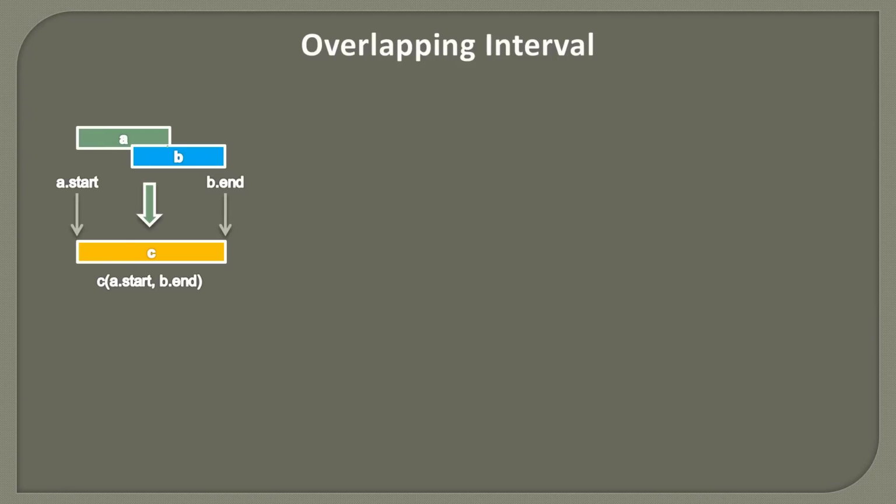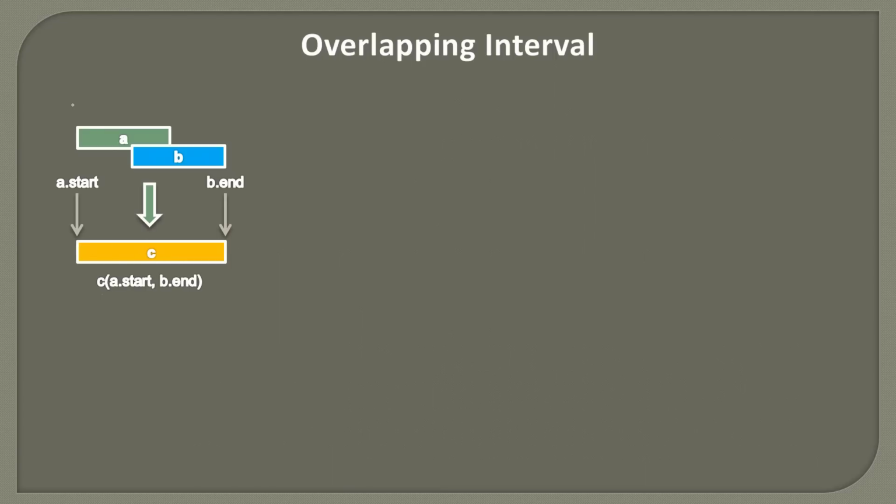You can think of any two intervals, but one thing is sure: both intervals either will start at the same time or one of the intervals will come first. Whichever interval comes first, its start will become C start, and the value of C end will depend on the maximum expansion of either interval. Here, as B ends after A, B's end value will become C's end, and after the merge it will look something like this.